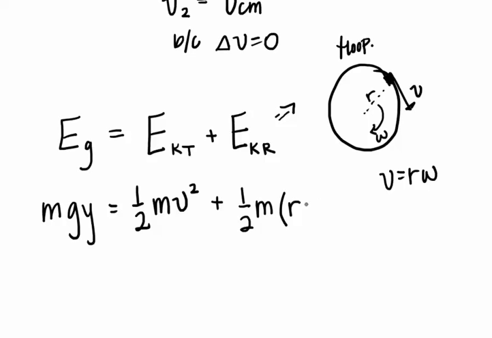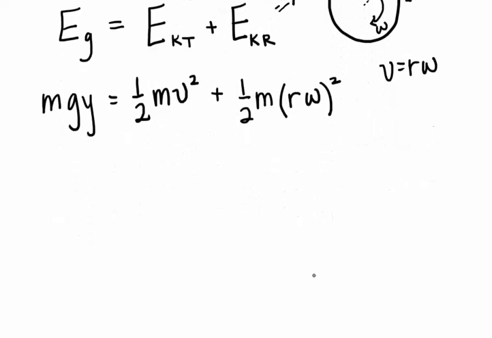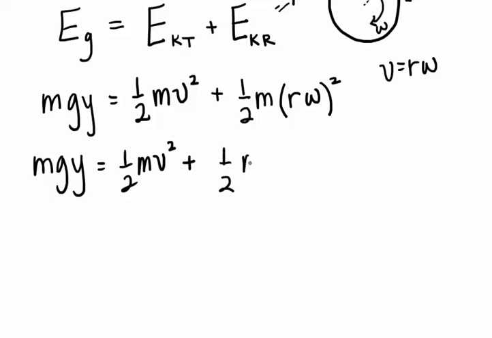So instead of V, I'm going to use R omega squared. So then that gives us this mgy is equal to 1/2 mv squared plus, now this new thing here, this will be what? 1/2 mr squared omega squared.